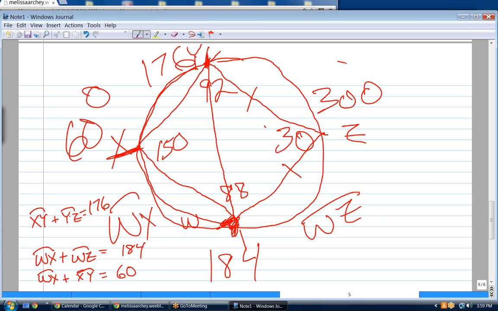So we have 4 variables and 3 equations. And the last thing we know is that YZ plus WZ equals 300.